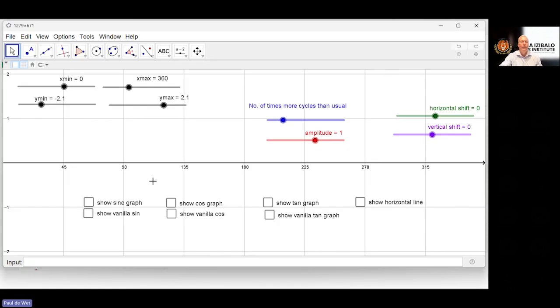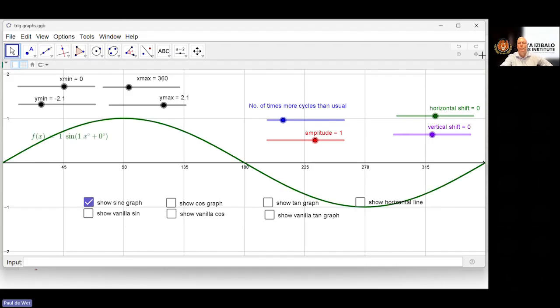Okay, there it is. This time I'm going to show a sine graph, just a vanilla sine graph. Vanilla hasn't been moved or shifted. It's positive in quadrant 1 and positive in quadrant 2.